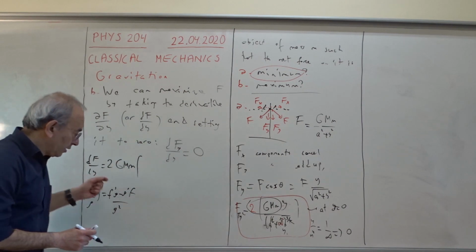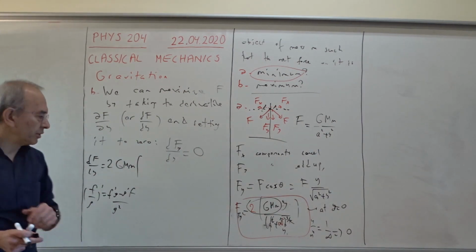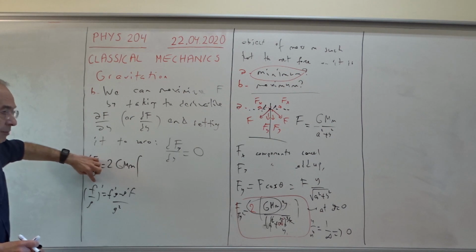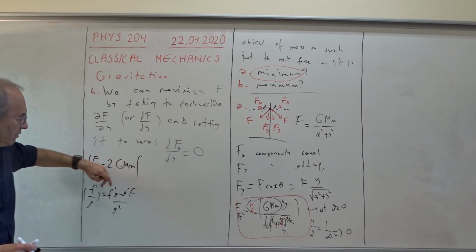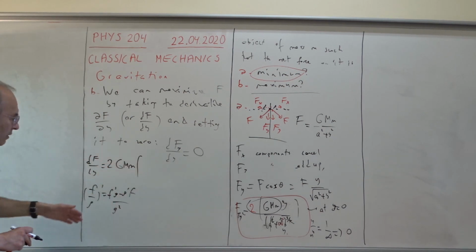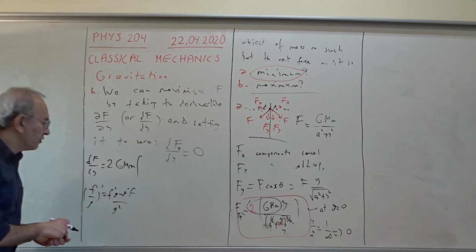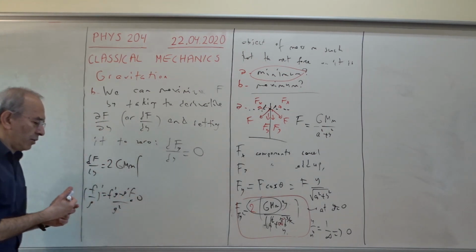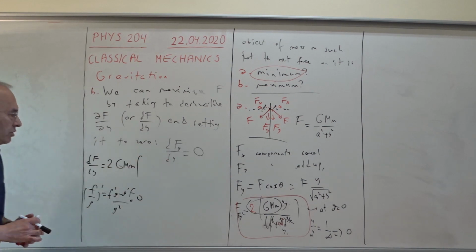If you have a fraction, numerator over denominator, derivative of the upper part times the denominator minus derivative of the denominator times the numerator. And this is not important, of course, because we will set this up to 0 anyway, so the numerator should be 0.